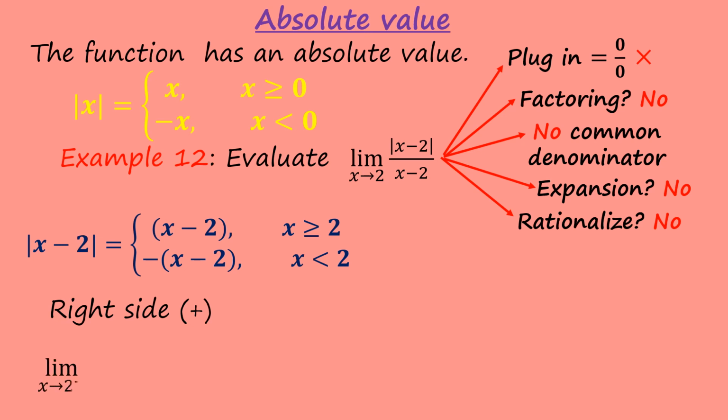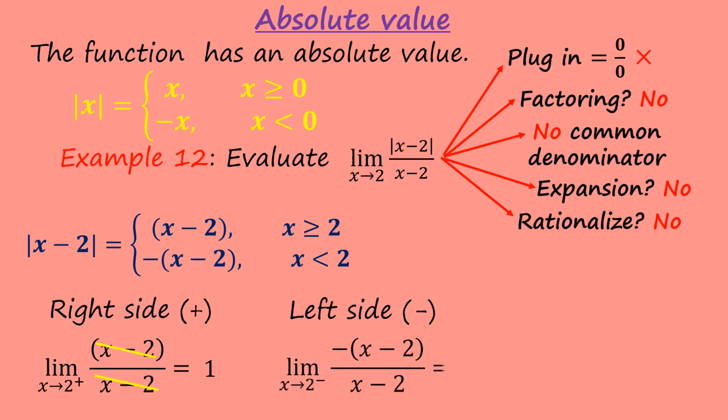For the right hand side, we have x tends to 2 plus, then we take the numerator x minus 2 divided by the denominator x minus 2. In this case, the x minus 2 can cancel out and we get a positive 1. Now let's consider the left side.